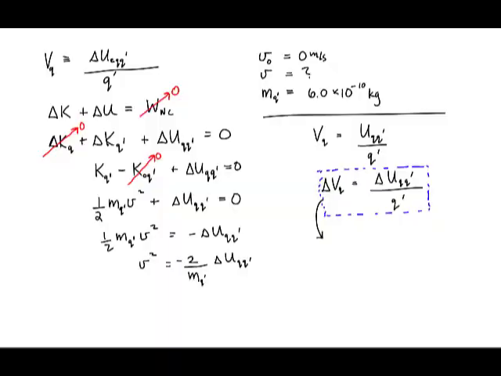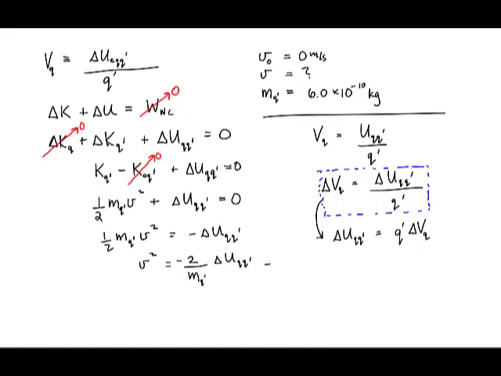Since we have the change of potential between the 2 points that we are interested in for our charge, we could express the change of electric potential energy as the product of the charge placed in our electric field times the change of electric potential between the 2 points.